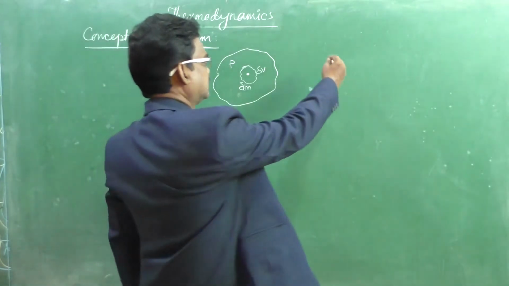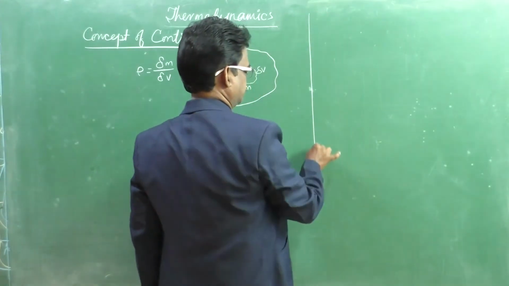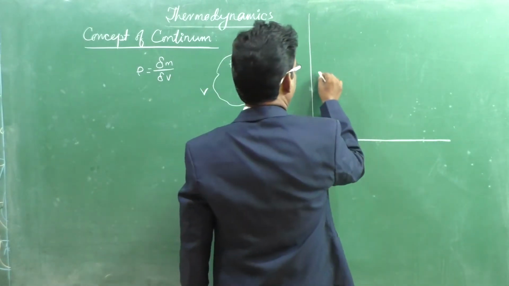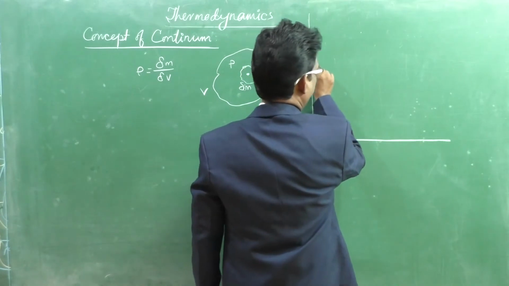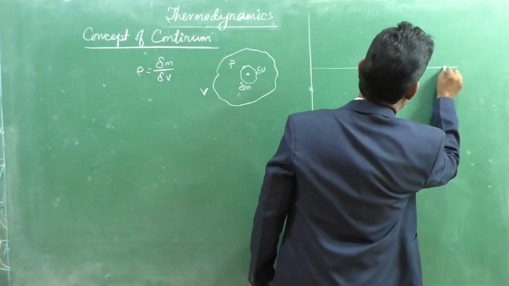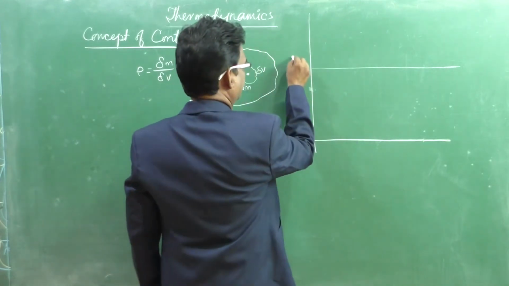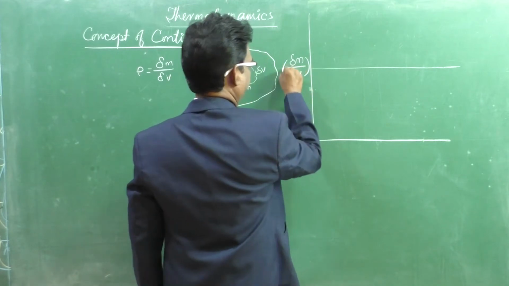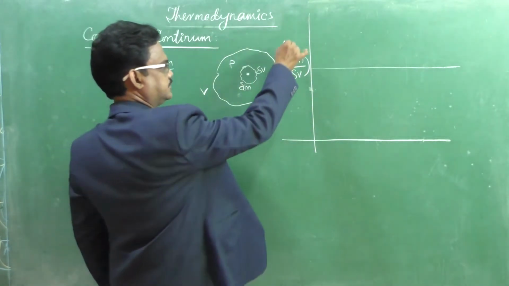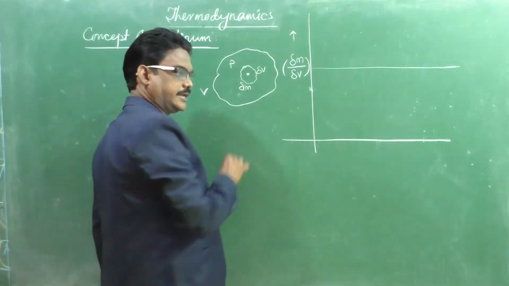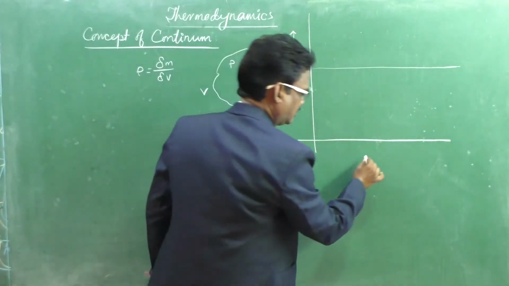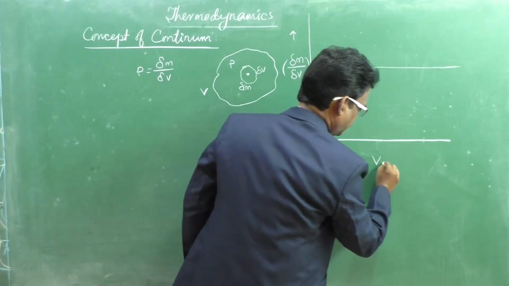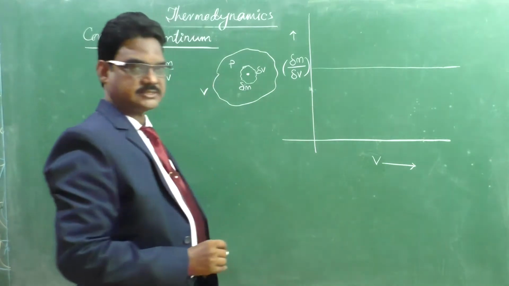Now I will draw the graph for that. Let's assume this is an asymptotic line, and delta M by delta V, the density, I consider on the y-axis, against volume, which I consider on the x-axis.